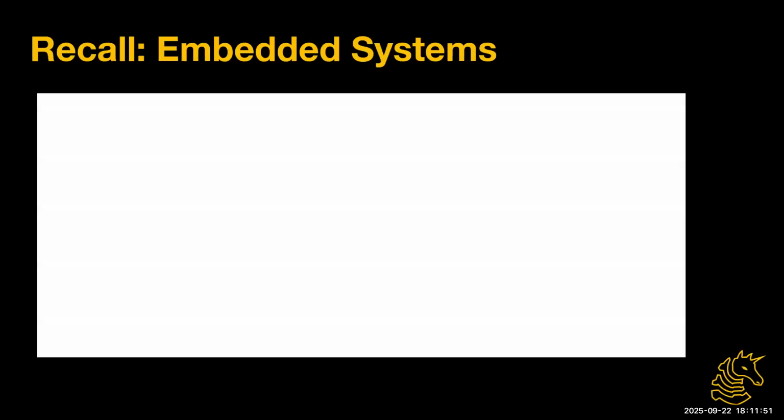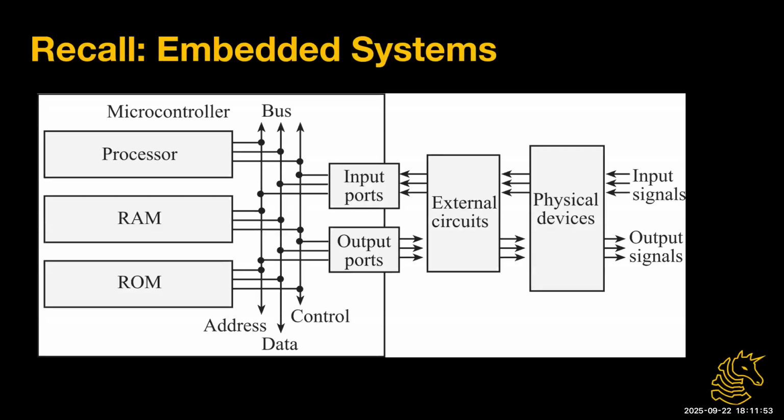So let's start with what is an embedded system. We covered this during the last meeting, but I think it's helpful to review that a bit. An embedded system really is a small computer. It has all the parts of a computer. It has a CPU, a processor, it has memory, it has some kind of persistent storage like flash that is similar to your hard drive.